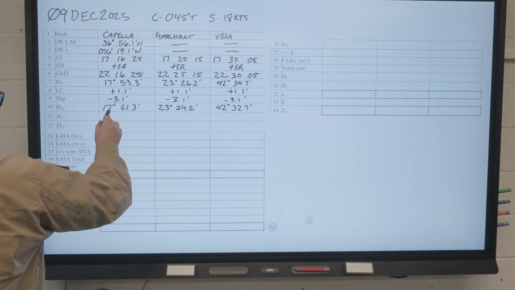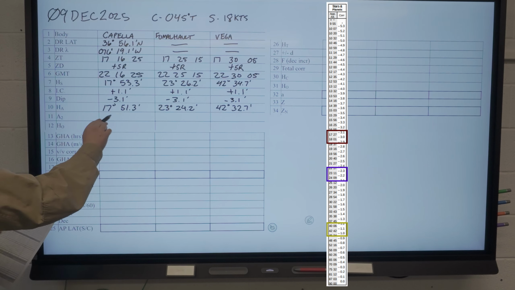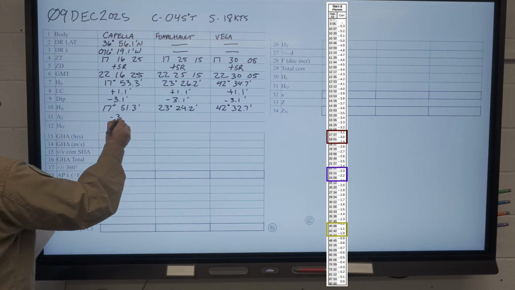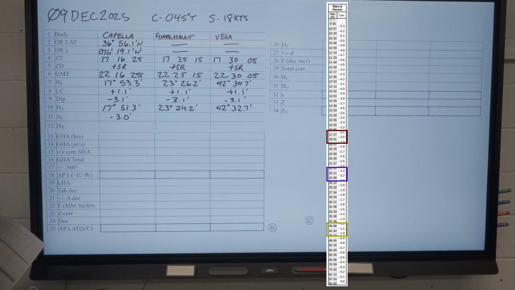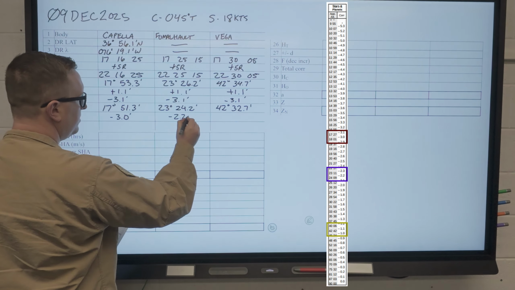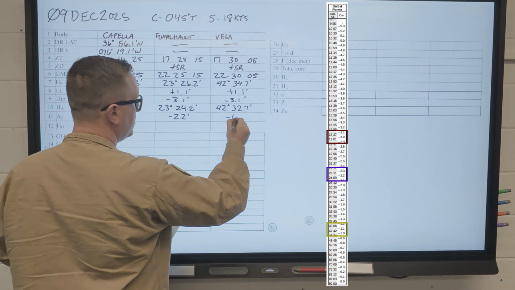So we took 17 degrees 51.3, scrolled down that table till we found what this number goes in between, and right next to it was minus 3.0. For Fomalhaut, it was minus 2.2. And Vega was minus 1.1.